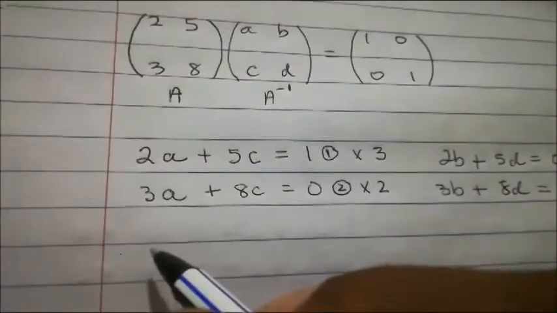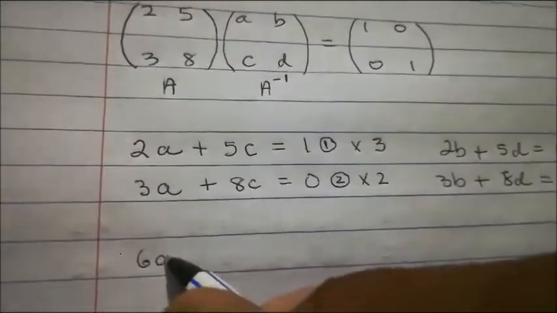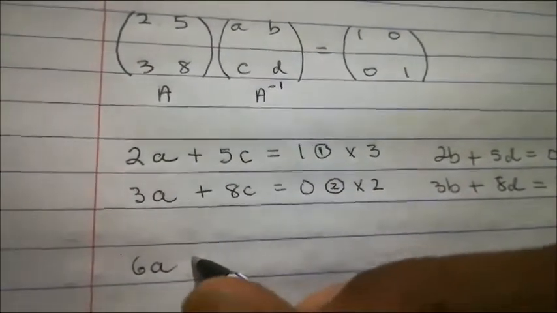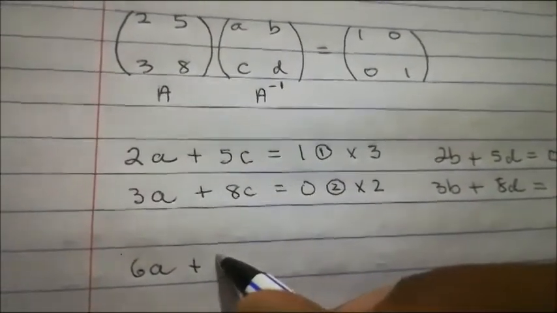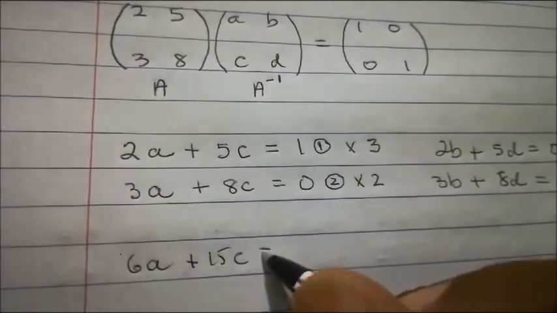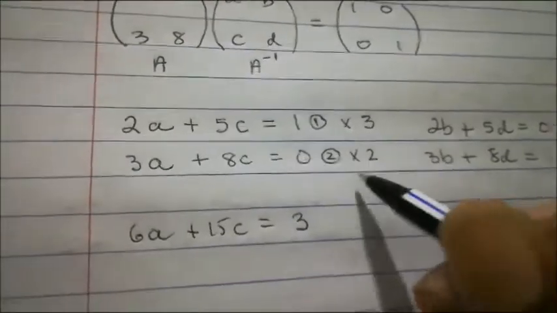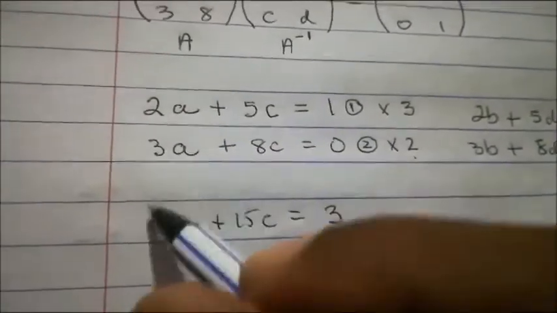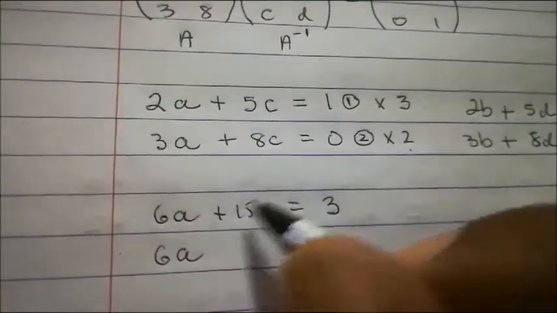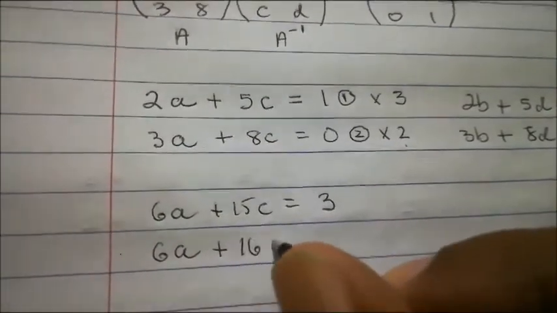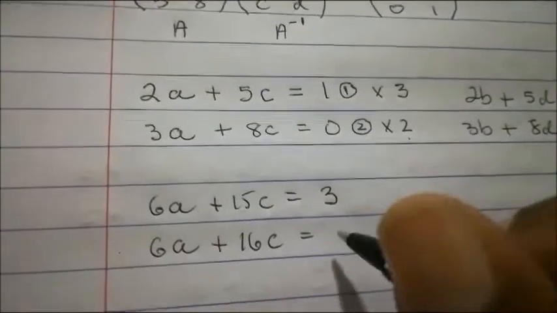So the first equation will look something like this: 6A plus 15C is equal to 3, and this is going to be now 2 times 3A, 6A, 2 times 8C is going to be 16C, and 2 times 0 is 0.